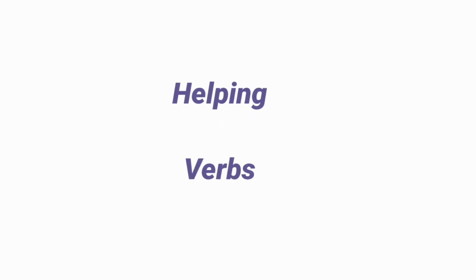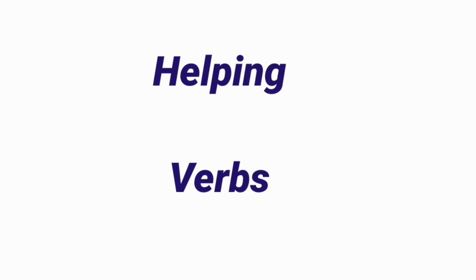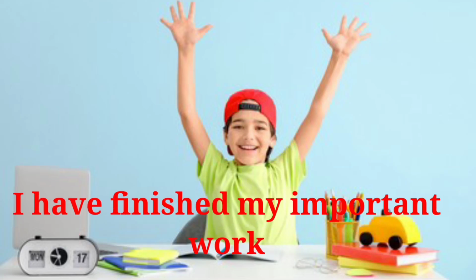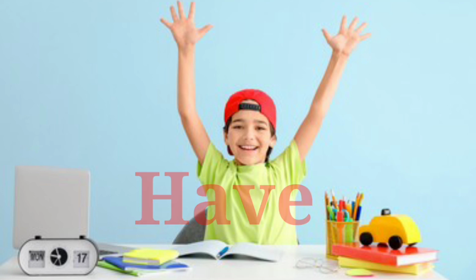Now, have can also be used as a helping verb. Here I take some sentences in the present perfect tense. In this first sentence, have is not showing that someone has something. That's not the function. In this sentence, the main verb is finished, and have is the helping verb. If someone says, I have finished my important work, then you might guess that maybe they have just finished their important homework.